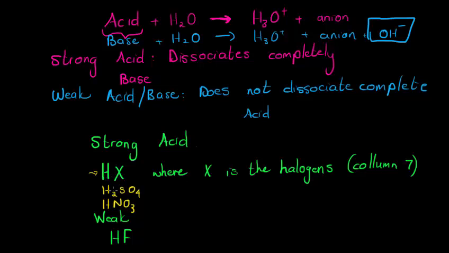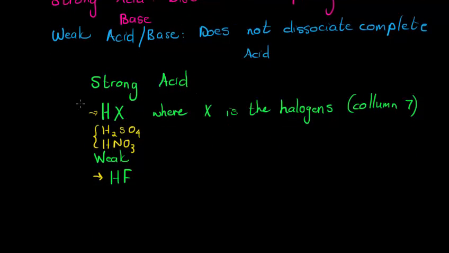They're all strong acids, including these two. Weak acids, here's just an example. If you are given any other acid, it would be a weak acid if it's not one of these that we mentioned, so keep this in mind.